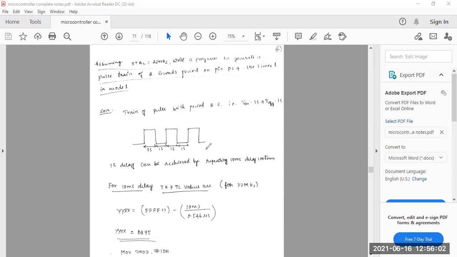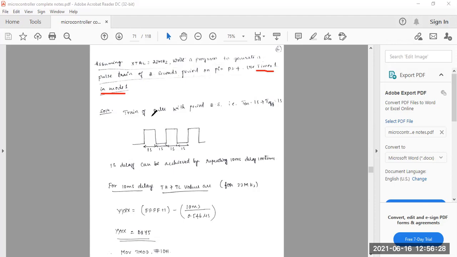Can you write the program for this one? First you have to calculate the TMOD value, timer 1 in mode 1. Timer 1 in mode 1 means the gate value will be 0 and the last 4 LSB bits also 0. In the first 4 MSB bits, you have to make changes in the TMOD register.